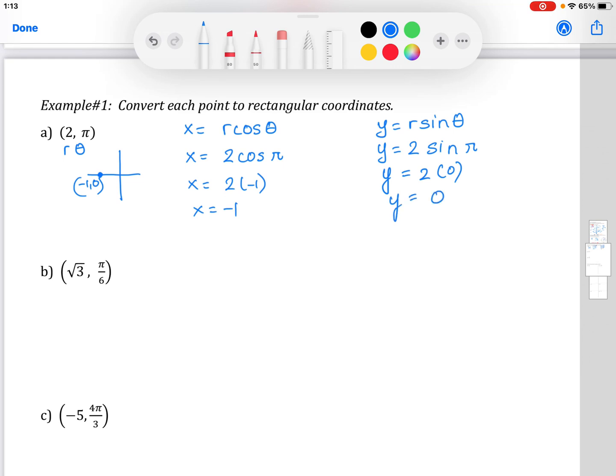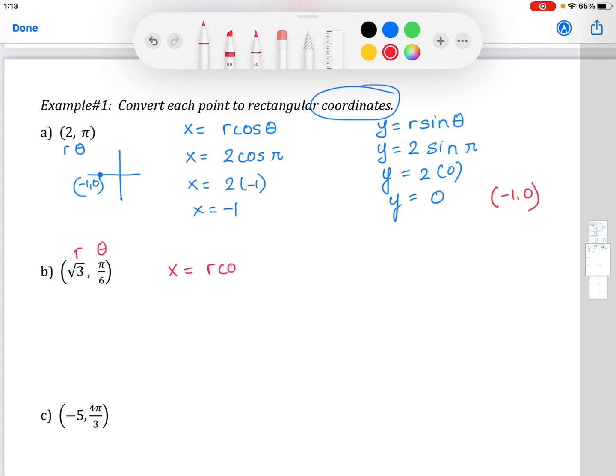Sine of pi is 0, so 2 times 0 is 0, so y equals 0. You're not done here, it's asking you for the coordinates, so please make sure we write down our coordinates. So your coordinate is -2 comma 0. Always write out your coordinates.